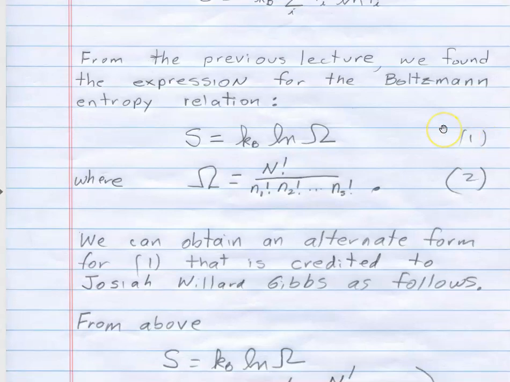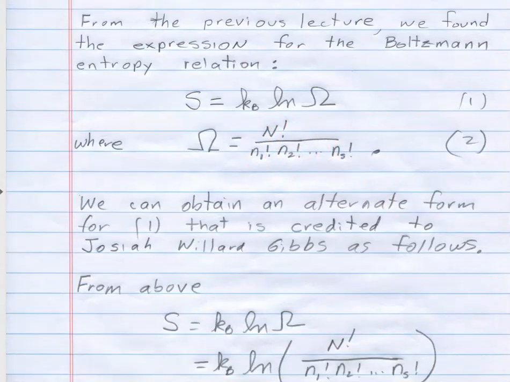And we found the expression earlier for the Boltzmann entropy relationship in the previous video. The entropy was equal to k_B times the natural log of the thermodynamic probability, which we'll assume is for indistinguishable particles, and that's the expression we've been using.